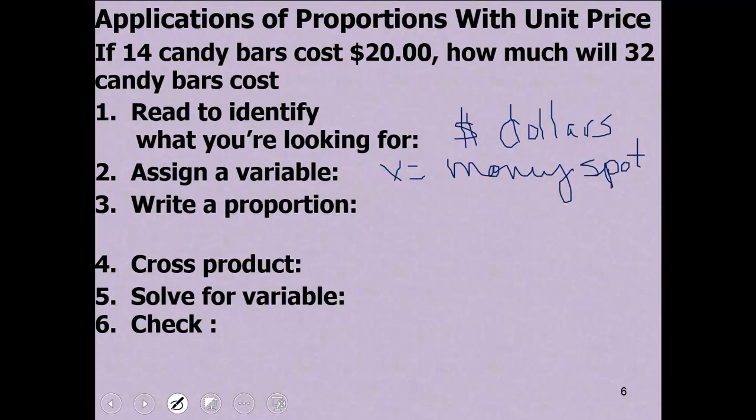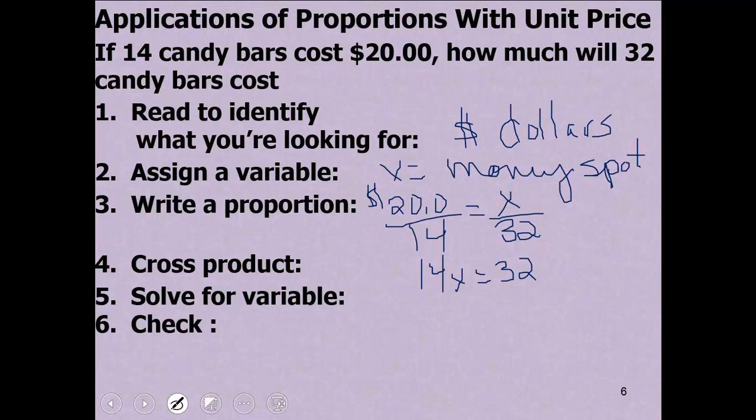We're going to write a proportion, dollars over units. So I have $20 over 14 has to equal some number over 32, and I'm going to cross multiply. Remember, it's always money over quantity.